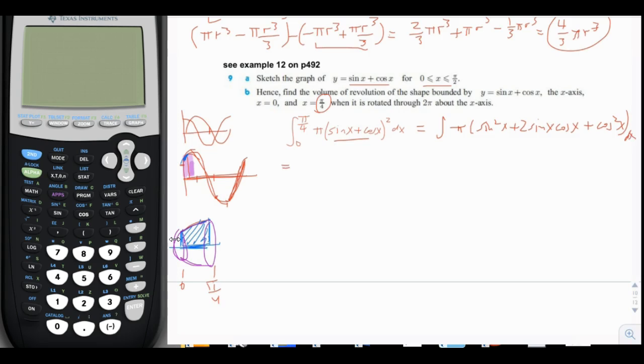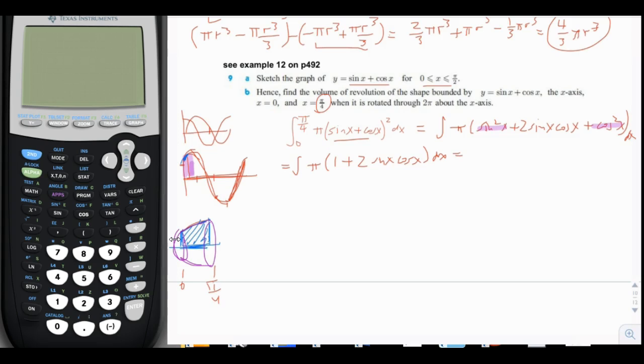Now notice that we have sine squared plus cosine squared, and we know that sine squared plus cosine squared is an identity. It's equal to 1. So actually we can simplify this even before we take the integral. It's 1 plus 2 sine x cosine x dx.